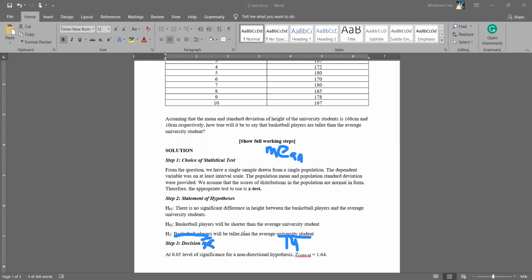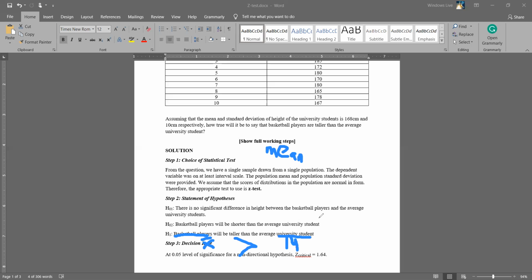With the H1, we indicated the sample mean will be taller than the population mean. Since we are saying the sample will be taller, it means the sample mean will be greater than the population mean. So this is how you represent your symbols for your alternative hypothesis, which is H1.